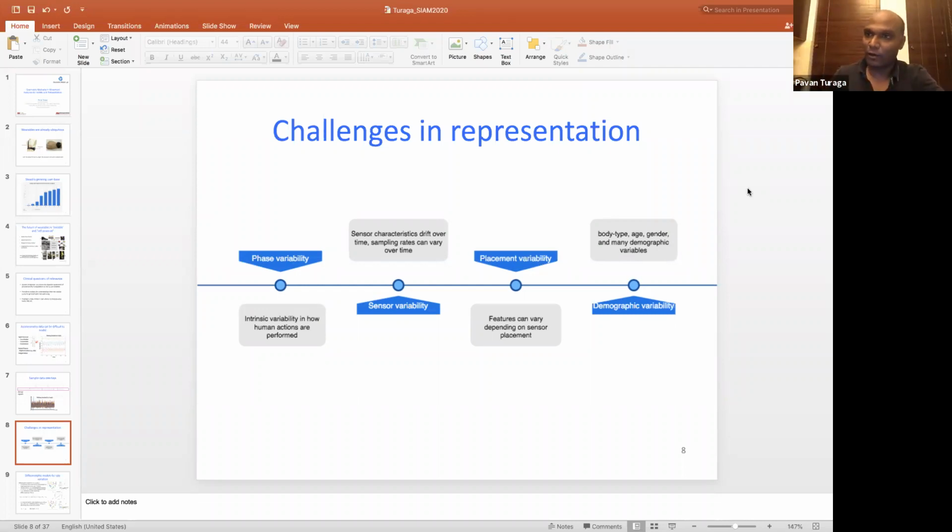And we have a separate body of work which tries to look at that source of variability, which I'm not going to talk about here.